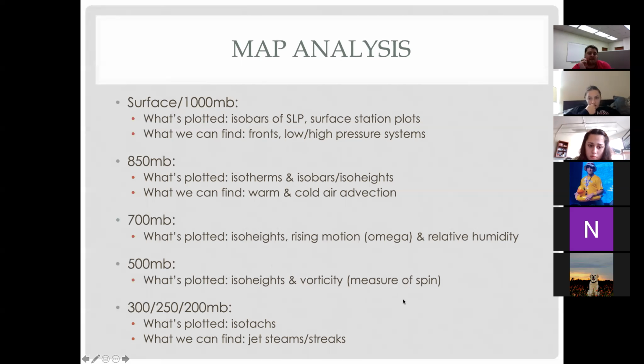A lot of this is super complicated upper level meteorology. For example, in my class this semester, we're learning a lot about vorticity at the 500 millibar level. You guys aren't going to have to do anything near that level of complexity, but it's a good idea to know that we can do these maps at different levels of the atmosphere, and some of the different things that you can find out by looking at maps at different levels.